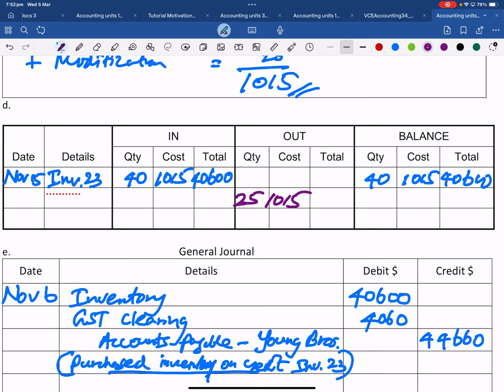So 25 times 1015, how much? 25 times 5 is 125, 25 plus 12 is 37, 3, so 25,375. Right. Then we have how many remaining? 15 at 1015. So how much is it? 15 times 15 is 225, 15,225.